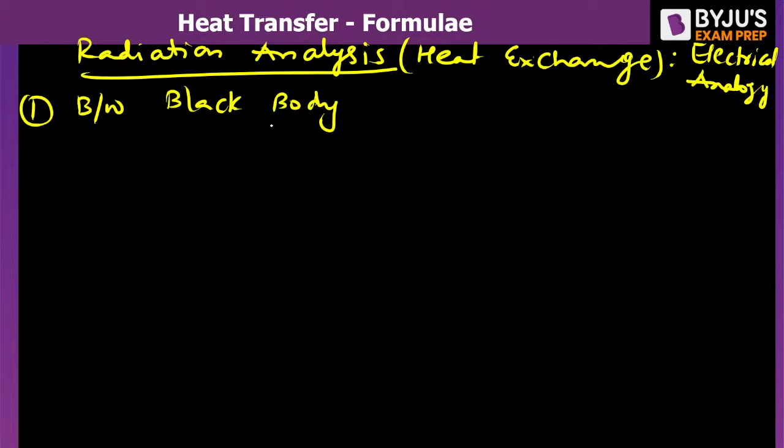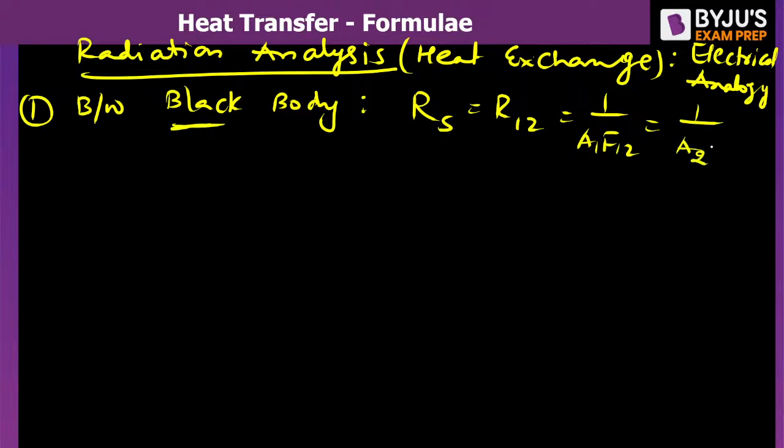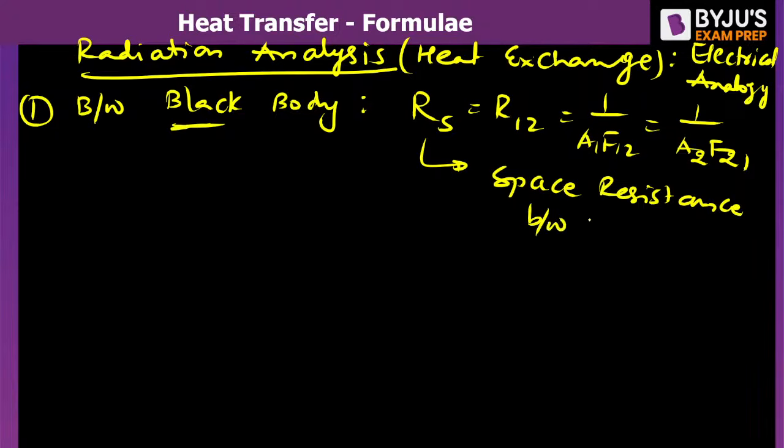For black bodies, there is a term defined that is called space resistance, that is equal to 1 upon A1 F1 to 2. That is called space resistance between two bodies, R1 to 2, that is 1 upon A1 F1 to 2, or we can write it as 1 upon A2 F2 to 1. The unit is meter to the power minus 2.